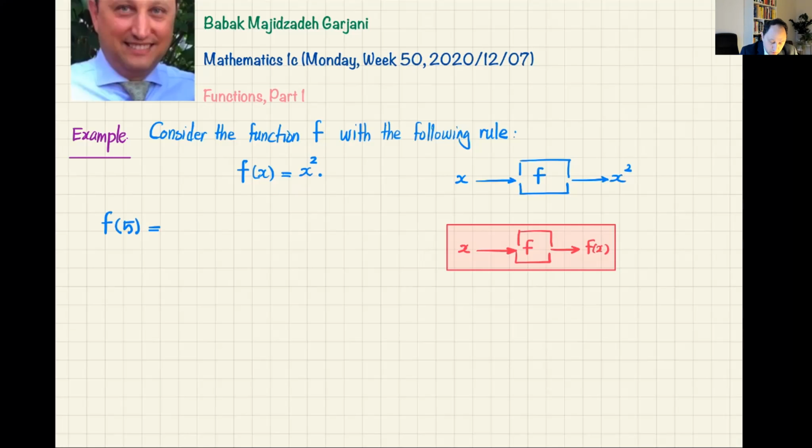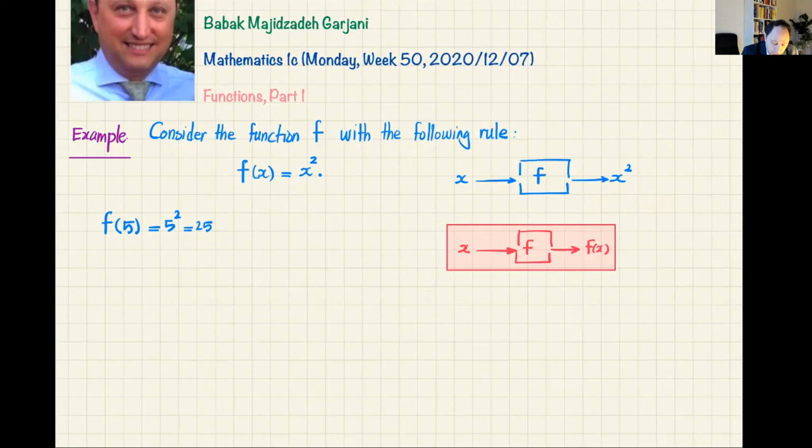Because by reading this sentence and having this analogy in mind, you interpret this as a machine, as an operator, which takes the value x as an input, the process is squaring it and gives it back to you. Now I am feeding the same machine with 5. So what will I get in return? 5 to the 2, which is 25.